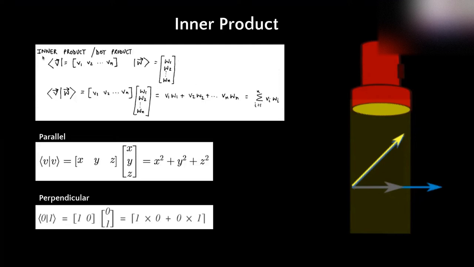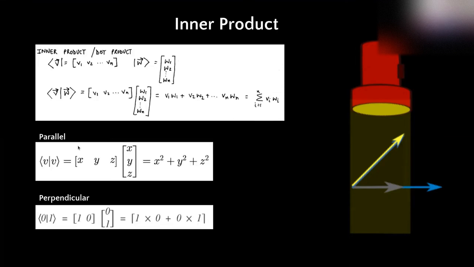So what is inner product? If we take a ket and a bra and multiply them together, what we really get is a row matrix multiplied with the column matrix, which is linear in nature, and we get a particular number in the end.